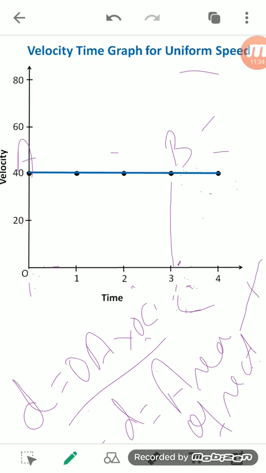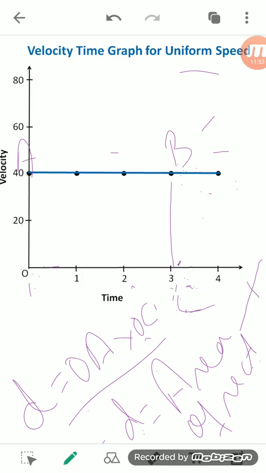So in a speed time graph, the area enclosed by the speed time curve and the time axis gives us the distance traveled by the body. Distance traveled is equal to this rectangular area.